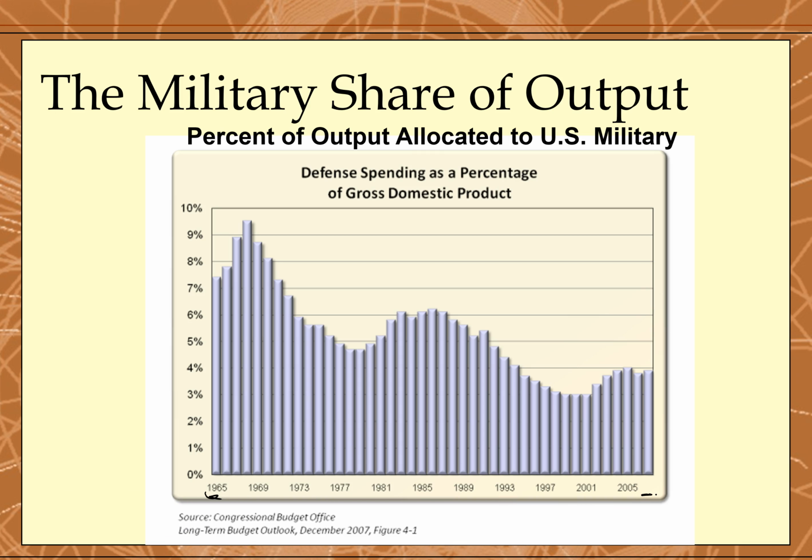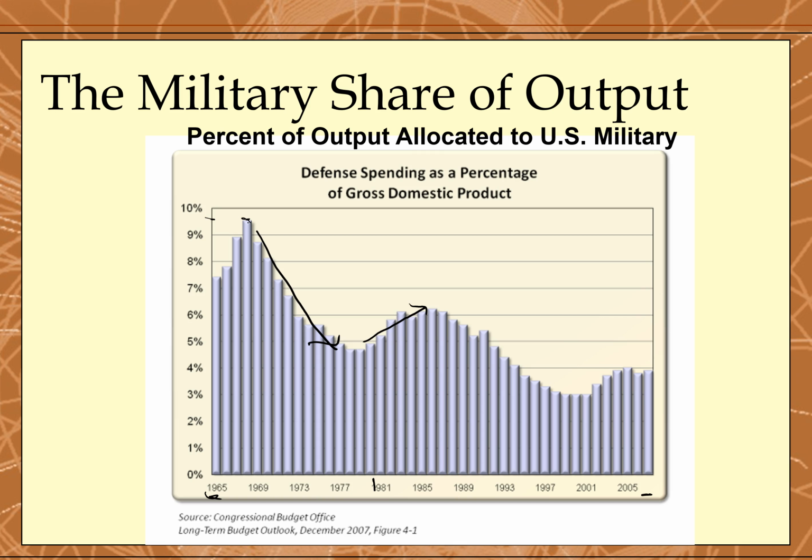And you can see during the height of the Vietnam War, the United States was dedicating about 9.7% of its economy towards the military. And then you can see this started to drop as the Vietnam War ended. And then the Cold War started to heat up during the early 80s. And you can see we started to spend more on the military, even as a percentage of the economy, even though we were not at war with anybody.